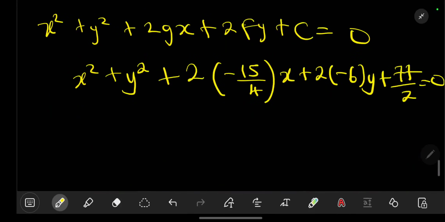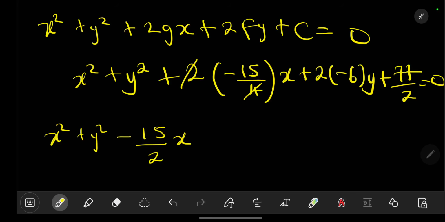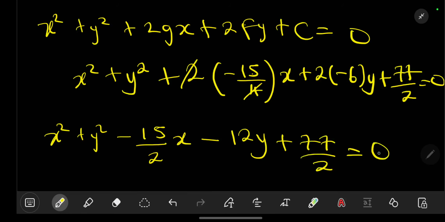So this should be equal to 0. So we have x squared plus y squared, this by this cancels, we are going to have negative 15 over 2 x. Then we have plus 2 by 6, it will be negative 12y. Then we have plus 77 over 2 should be equal to 0.